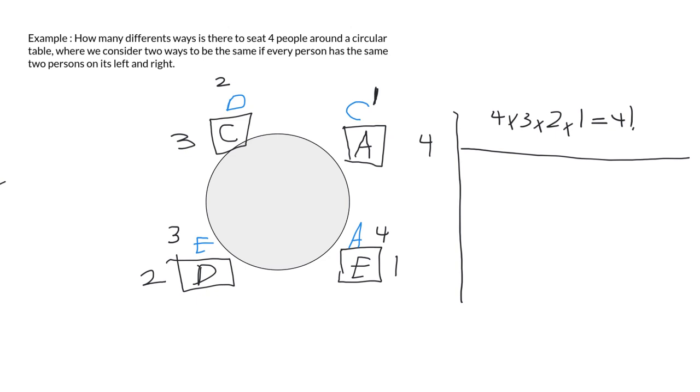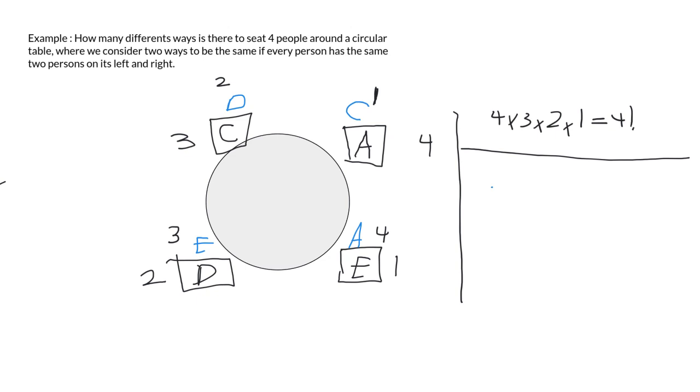and therefore we have counted each seating 4 times, and for that reason, to count the number of seatings only once, because we have now counted each of them 4 times, we need to just divide by 4.